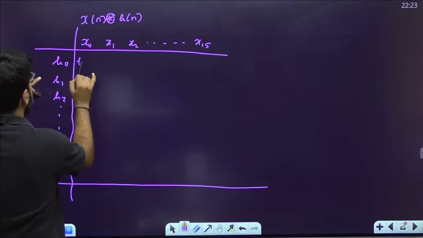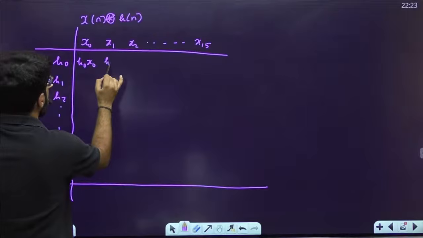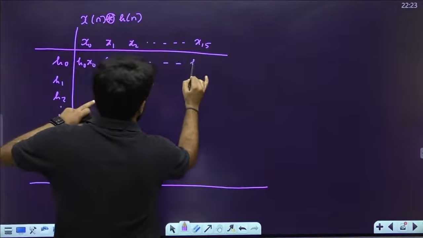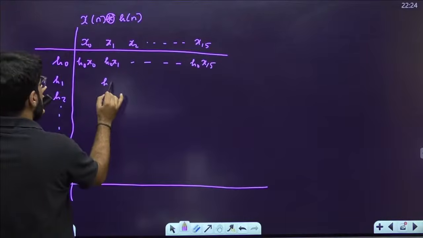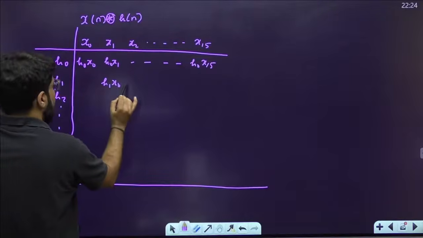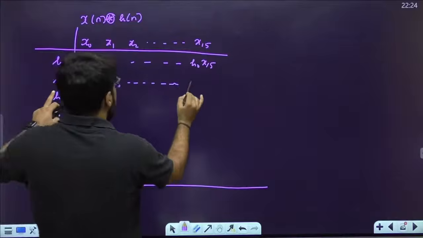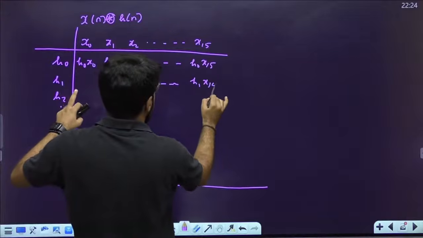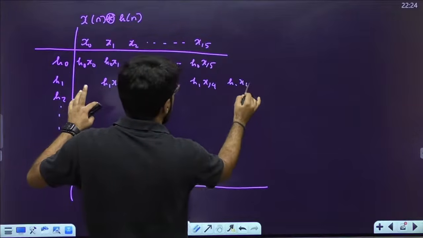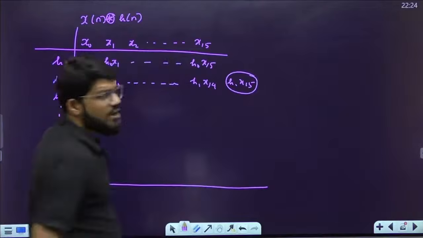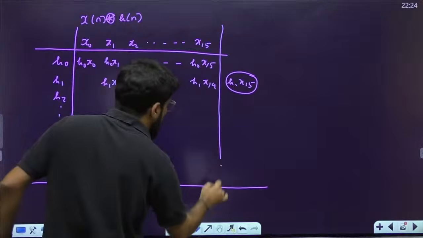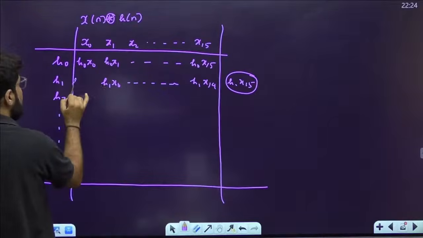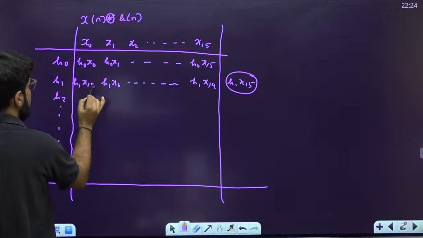No effect in the first row: h0x0, h0x1 up to h0x15. For the second row, you again apply h1x0, starting 1 unit right. Please pay attention: you come to h1x14, and what you wrote for h1x15 will be wrapped. Don't go beyond this boundary, and write the answer in the remaining space.